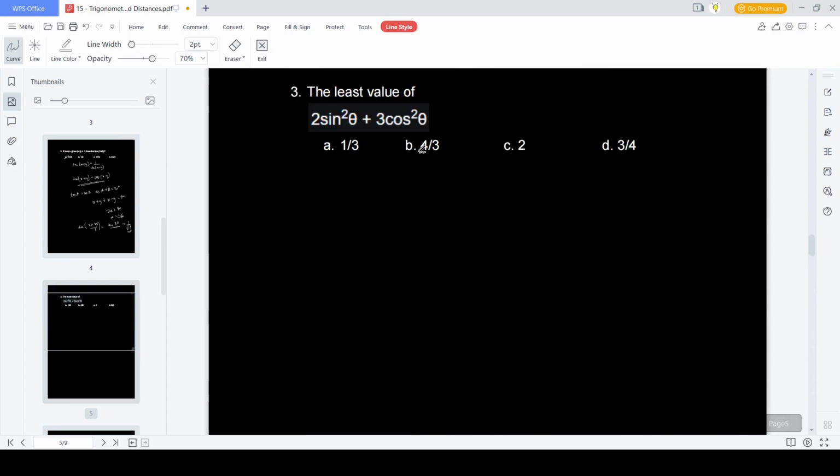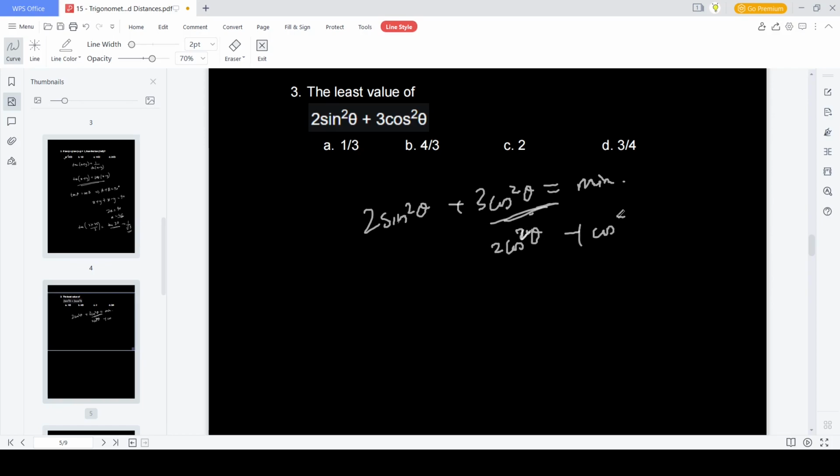Next question. Find the least value of 2 sine square plus 3 cos square. See, we know that 2 sine square theta plus 3 cos square theta is what is minimum, you want to know, right? See, this 3 cos square can be written as 2 cos square theta plus cos square theta.